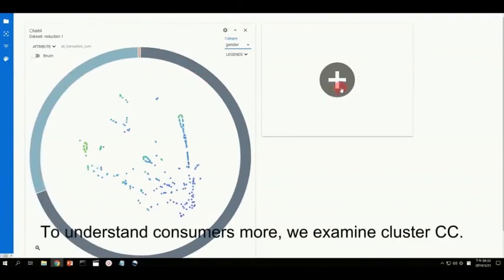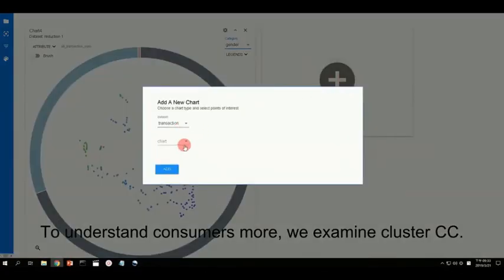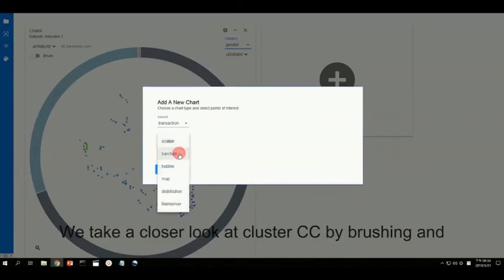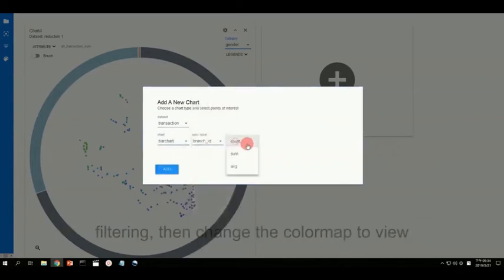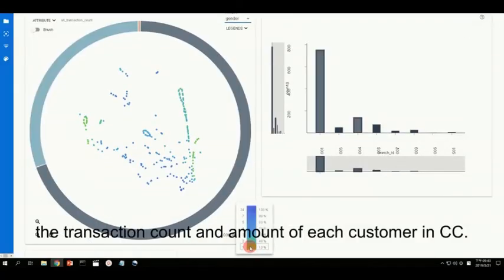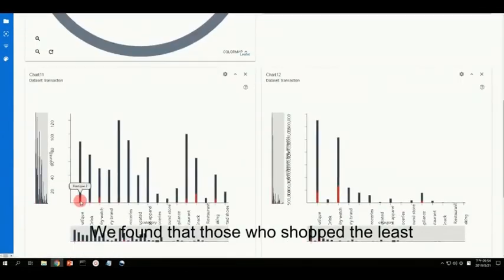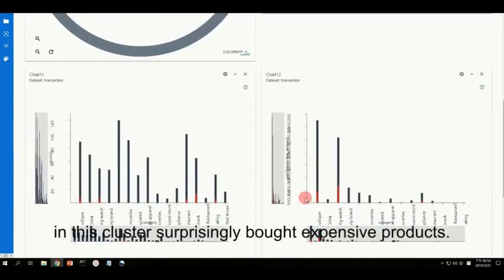To understand consumers more, we examine cluster CC. We take a closer look at cluster CC by brushing and filtering, then change the color map to view the transaction count and amount of each customer in CC. We found that those who shopped the least in this cluster surprisingly bought expensive products.